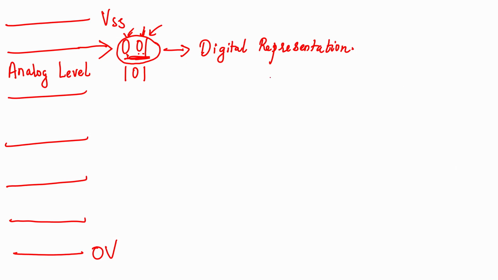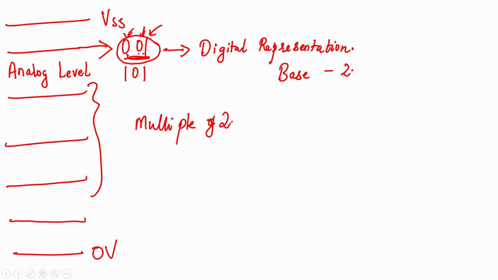Now, we have also seen that the base is 2. For us to use all the digits with full efficiency, let us say we have 3 digits here, we need the number of levels that we divide our analog domain into to be a power of 2.